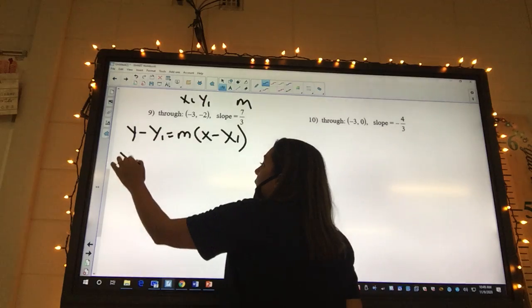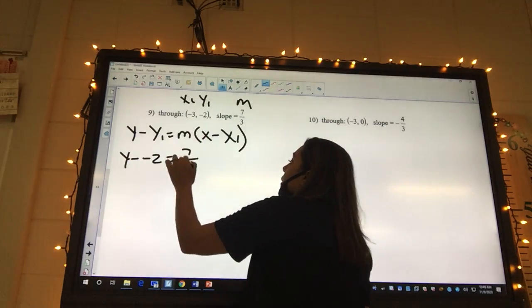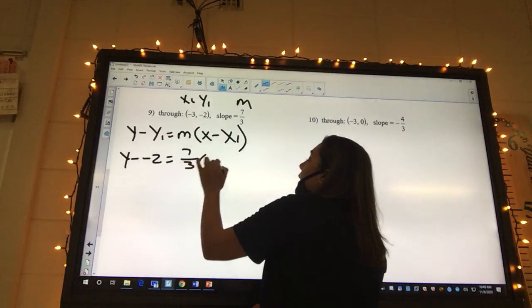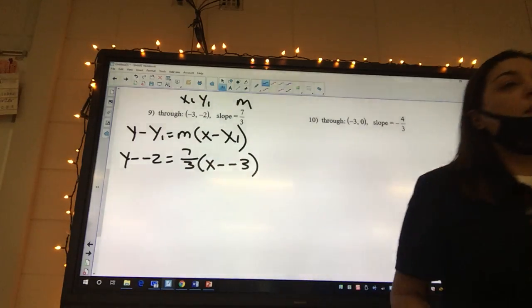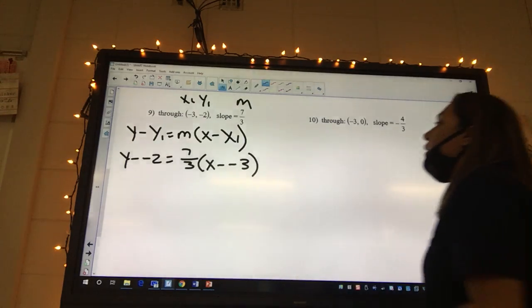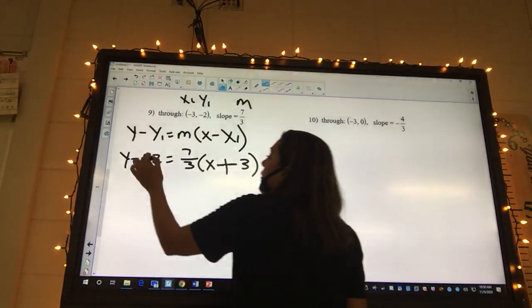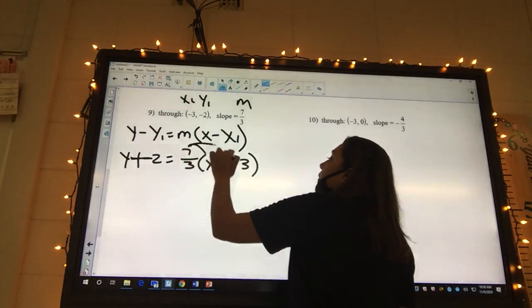So it's going to be y minus negative 2 equals, my m is 7 over 3, times x minus, my x1 is negative 3. What about those minuses? They become plus. Now we have to distribute.